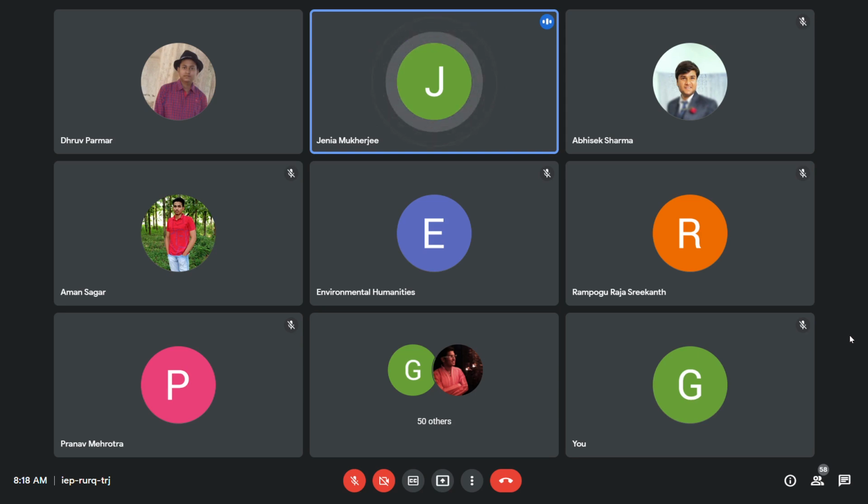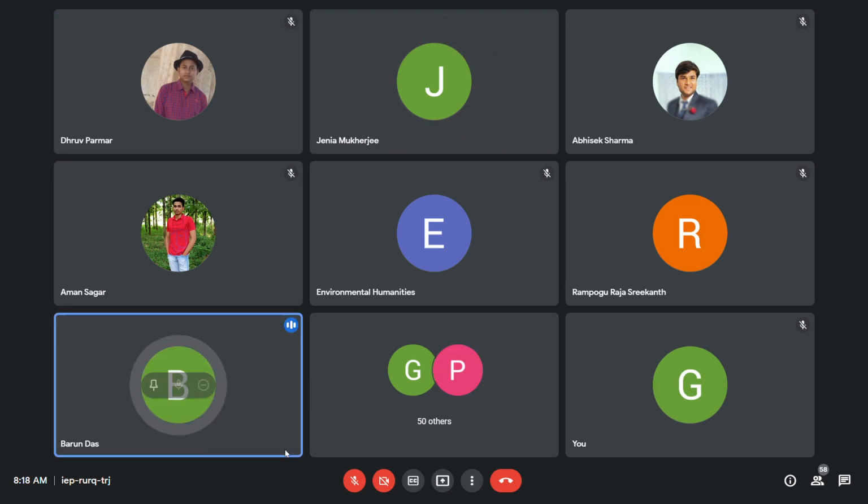Who else would like to say something? Do you have any additional idea on this? Ma'am, in the picture, I can see some barrels on the boat. So probably he was transporting some kind of goods from one end to another end of a water body.